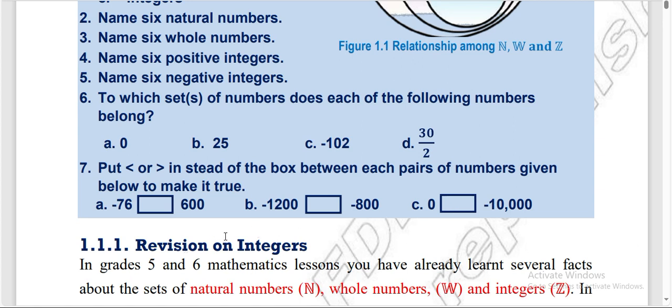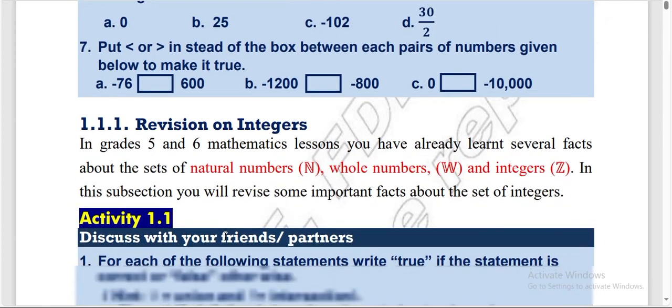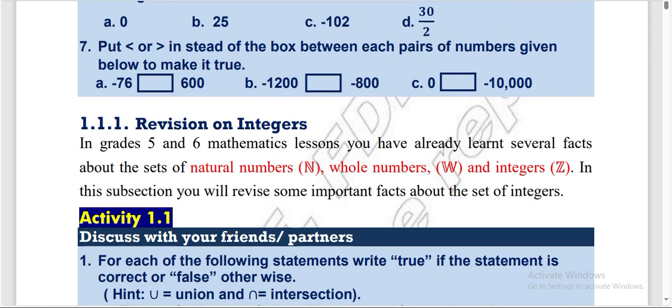1.1.1 is a revision on integer numbers. In grade 5 and 6 mathematics lessons, you learned several facts about the set of natural numbers represented by capital N, whole numbers represented by capital W, and integer numbers represented by capital Z. In these subsections, you will revise some important facts about the set of integers.